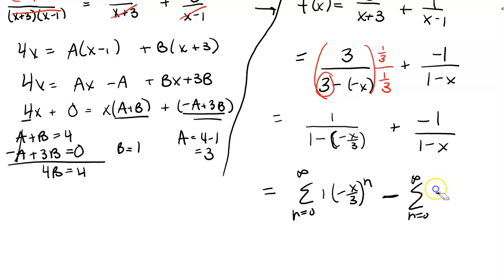And we'll have r equals just the x. So we'll have x to the nth power. So it's ar to the n, ar to the n. Okay? So writing this in that more power series form, you could bring out the negative 1/3 to the n, and then have x to the n.